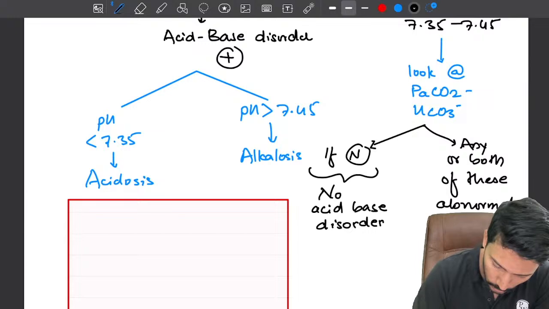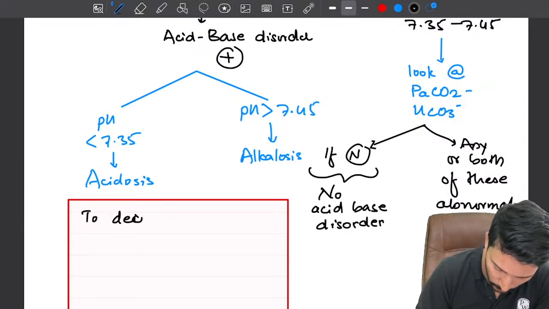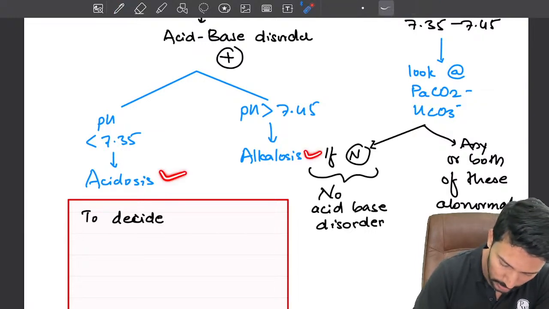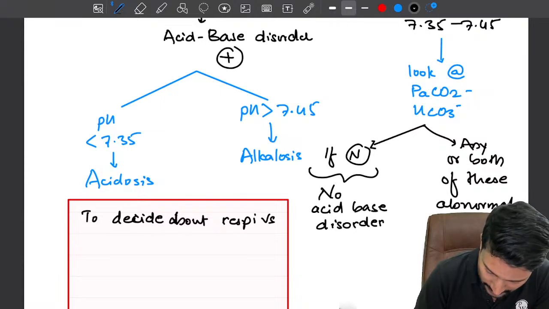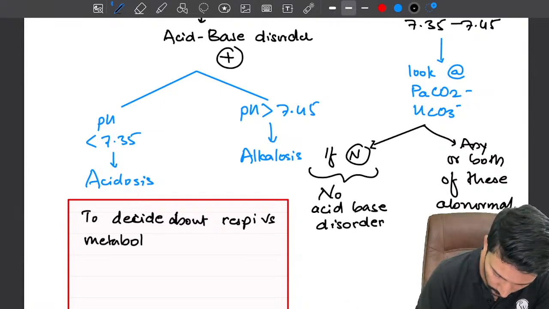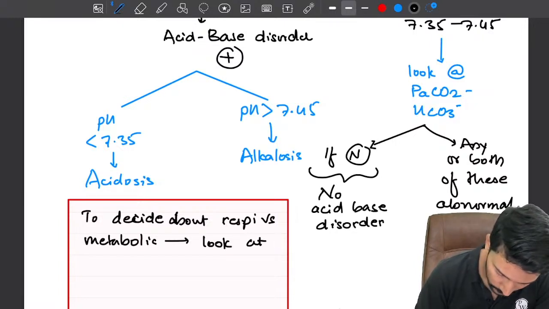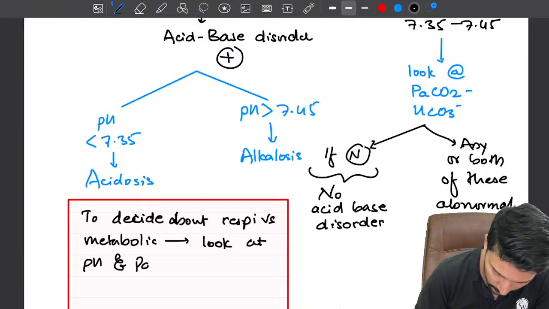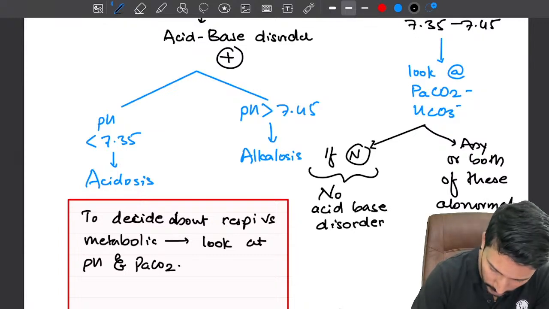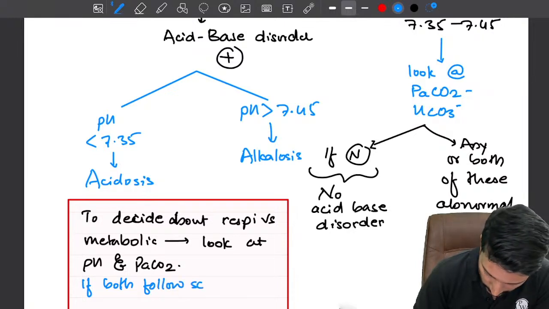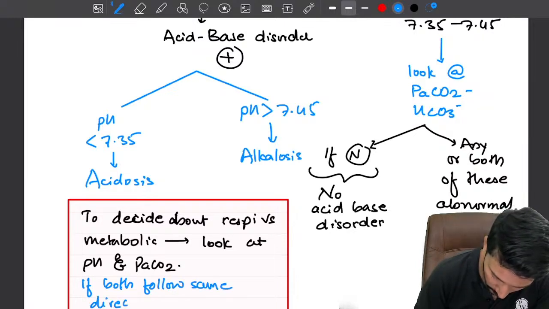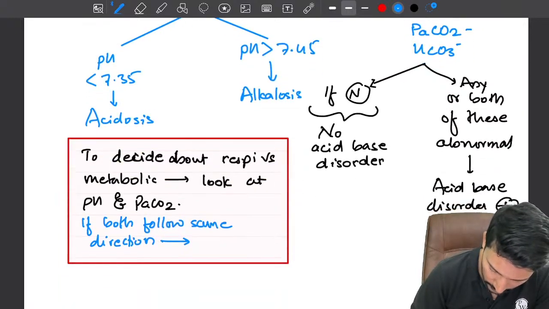For that we have to remember one simple step here. To decide whether whatever abnormality that you have encountered, acidosis or alkalosis, is respiratory or metabolic, look at pH and PaCO2, right? Now if both follow the same direction, then it is metabolic.